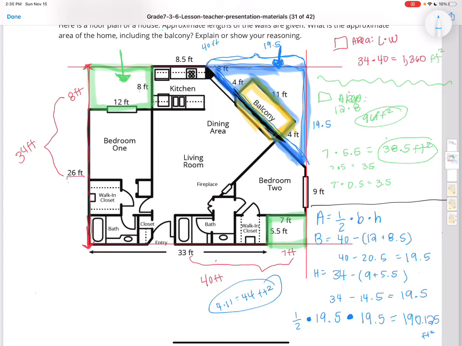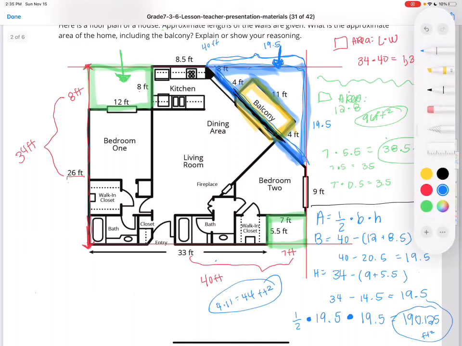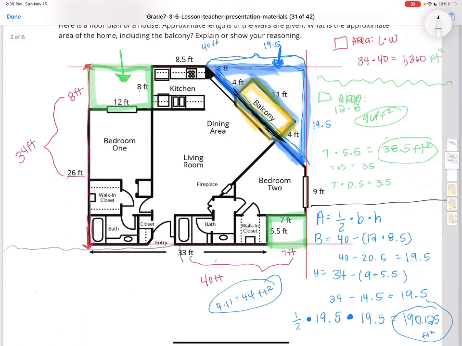Now I want to put my answer in a little block right here. I want to take the answers that I found and subtract them from my first answer, and here's what I mean. I want to do 1,360 square feet. I'm not going to worry about the units for right now.